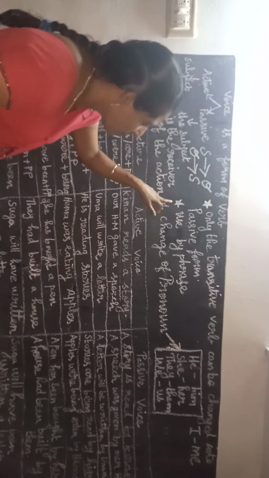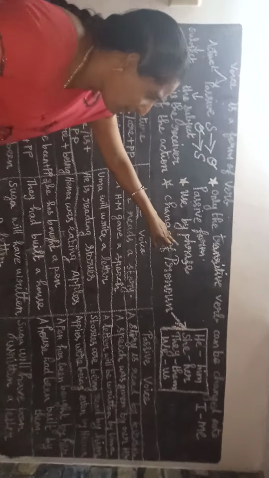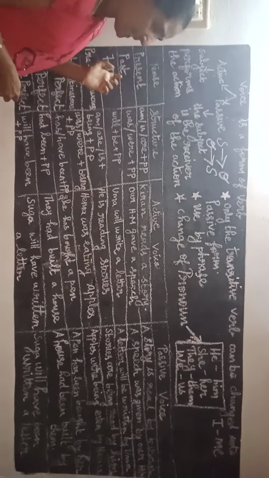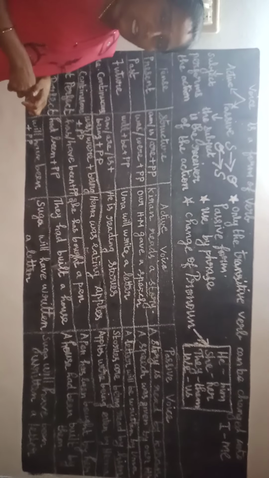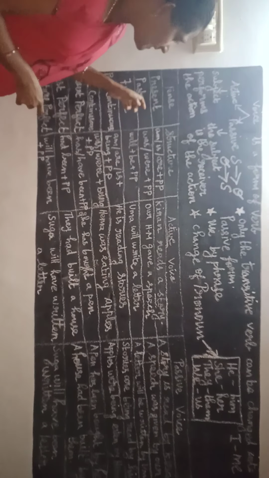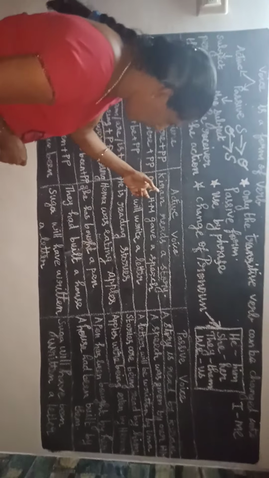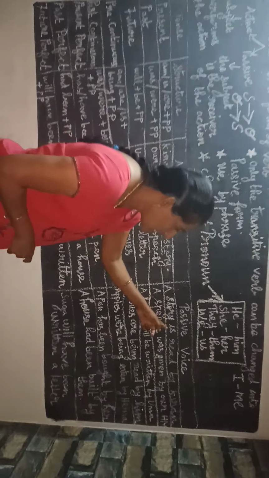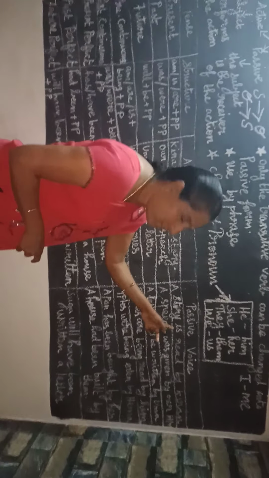Next rule: we should use the by phrase, and according to the number of the subject we should use a singular or plural verb. If the subject is singular, like a story, we use is, the singular form of the verb.